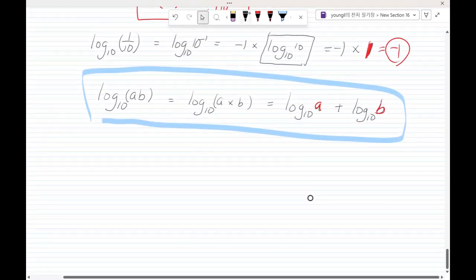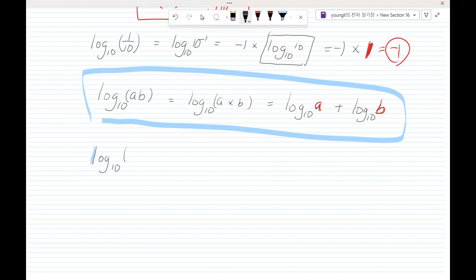For example, log base 10 of 16. For example, log base 10 of 2 times 8 is log base 10 of 2 plus log base 10 of 8.